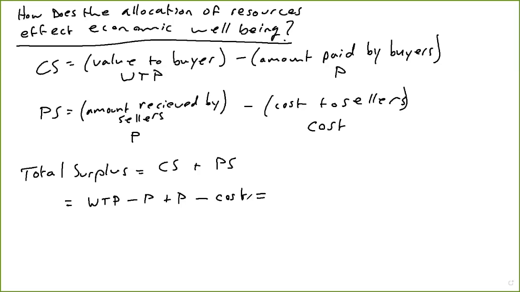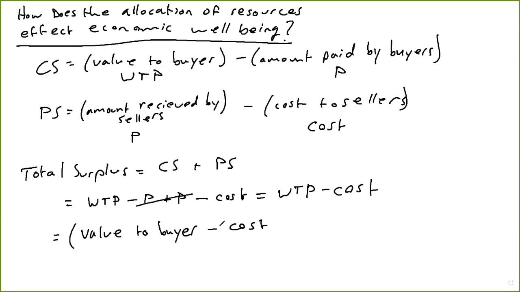So for total surplus, you can see in the middle, the two prices cancel out. It's just willingness to pay minus cost, or the value to the buyer minus the cost to the seller.